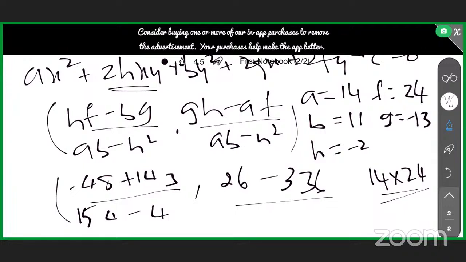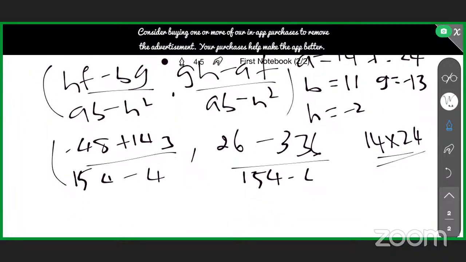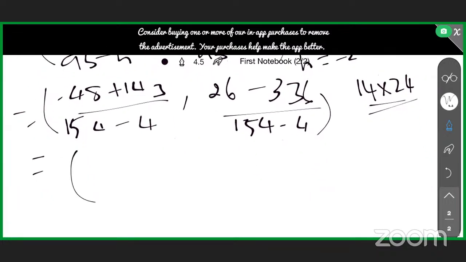Divided by AB minus h square, which is 154 minus 4. So the first part is equal to minus 143 minus 48, that is minus 191. And the second part, 26 minus 336, is minus 310.